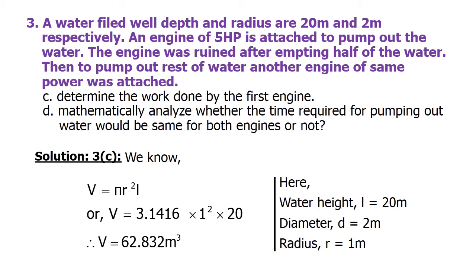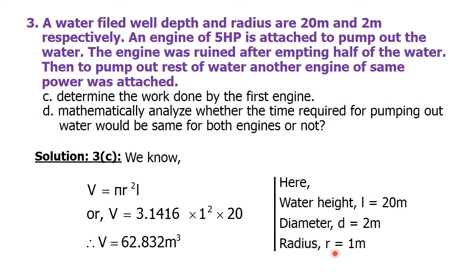So first of all, for creative question C, we have to calculate the work done by the first engine. So we have to know the value of mass, and to calculate the mass we have to know the volume. To calculate the volume of the deep well, we already have the height of the water, 20 meter, and diameter 2 meter.